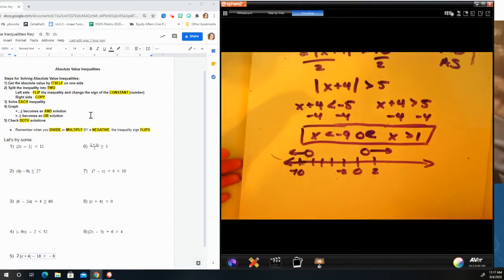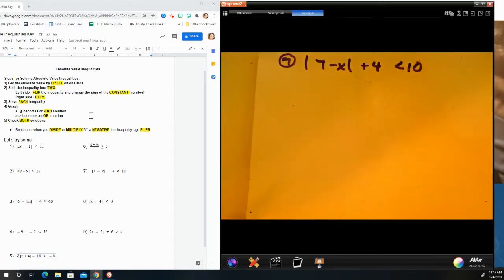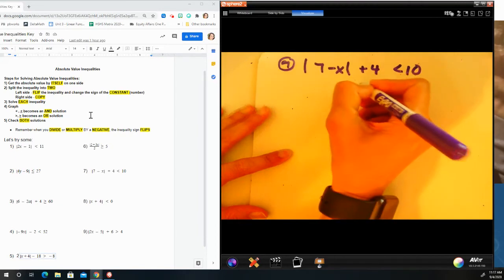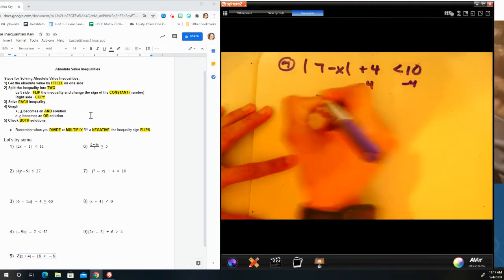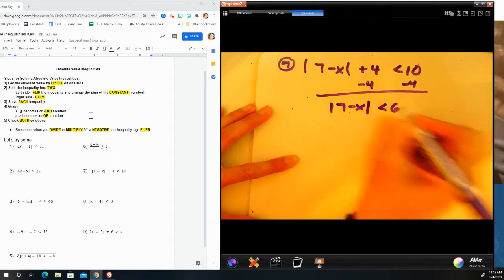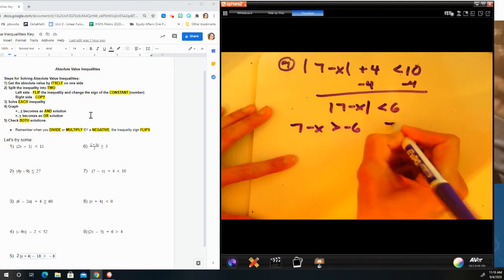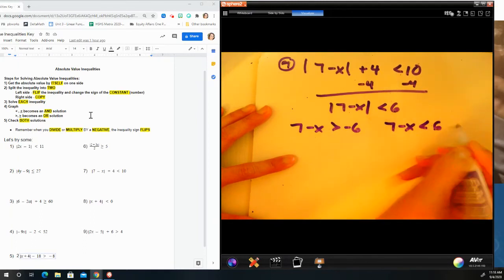You should check it. Number 7, isolate the absolute value, get it by itself. So I'm going to subtract 4. Absolute value of 7 minus x is less than 6. Make it into 2. Flip the inequality, change the sign, copy it right down.